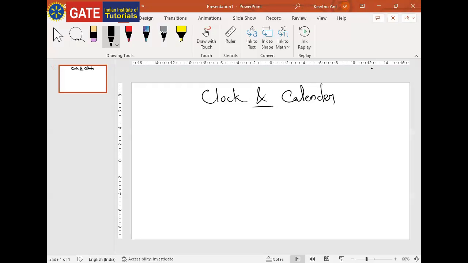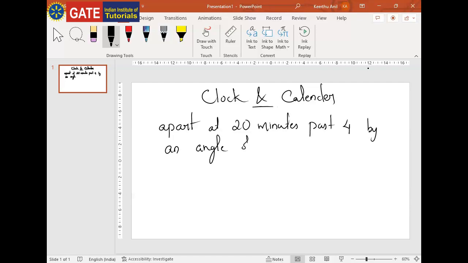Okay. So I'll be giving you a question. You can try attempting it. So the question you can write: The hands of a clock are apart at 20 minutes past 4 by an angle of dash.